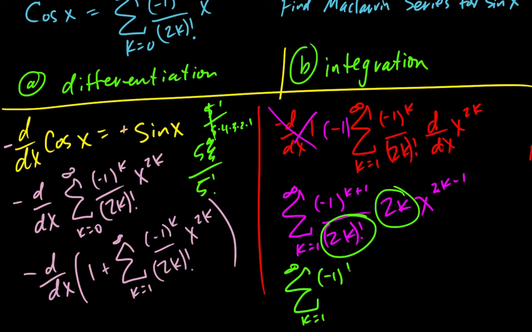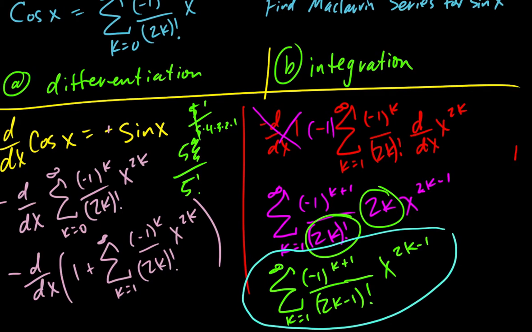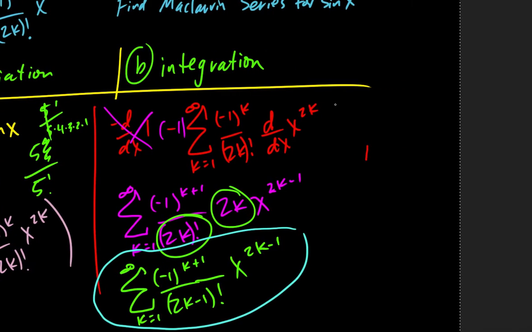So we get negative 1, k plus 1, over 2k minus 1, and then we still have this thing. Now, that is the Maclaurin series for sine of x. Your book takes it a little bit further, so I'll continue with it, but you could stop there.